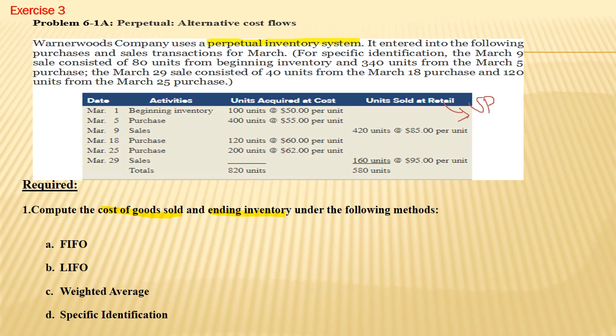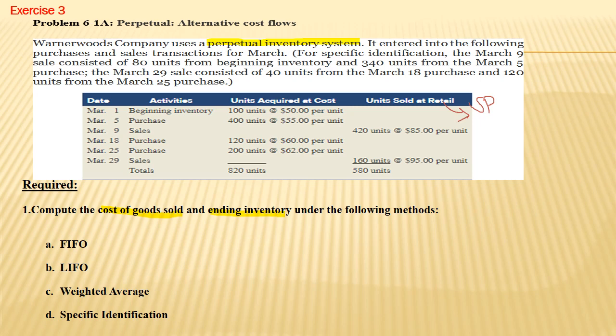As I said, there are different inventory costing methods, and the company has the freedom to choose any to apply for calculating the cost of goods sold and cost of ending inventory, on condition that the company should be consistent, as long as the inventory costing method is suitable for the nature of their products or inventory. Okay, let's see here.